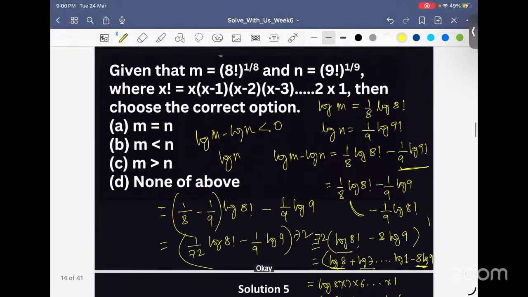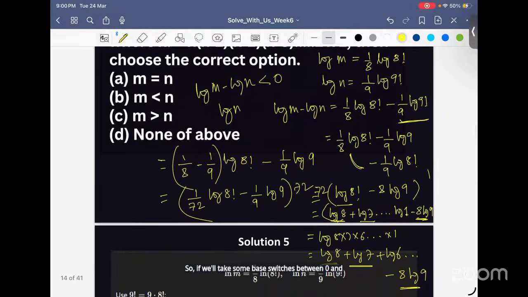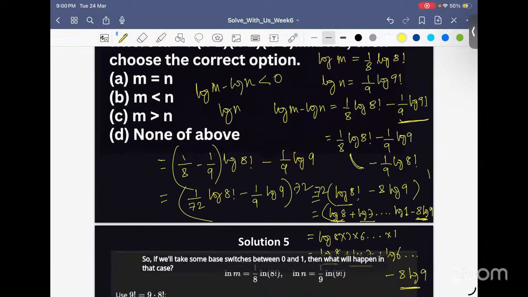Yes, sir. So from here we can conclude that n is greater than m because this log function is increasing, right? So if we take some base which is between 0 and 1, then what will happen in that case? Then also we'll get the same inequality, right?